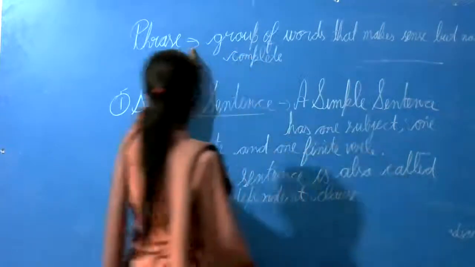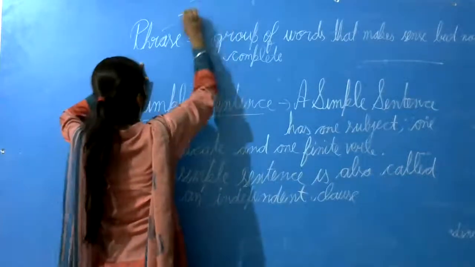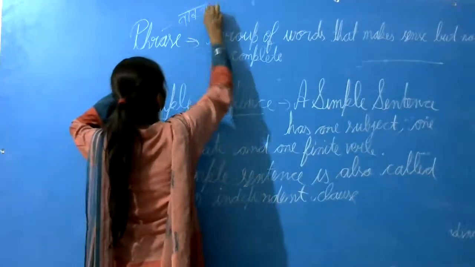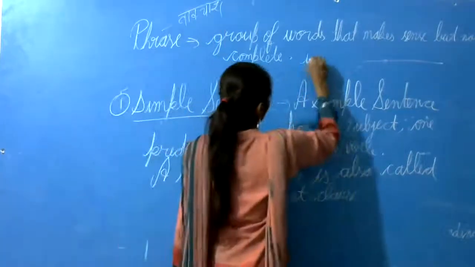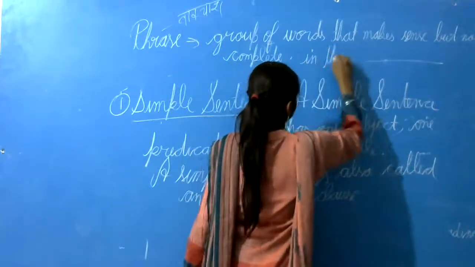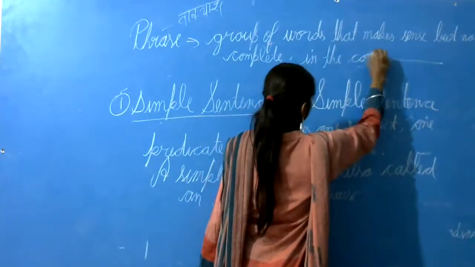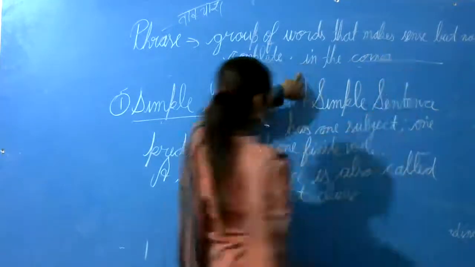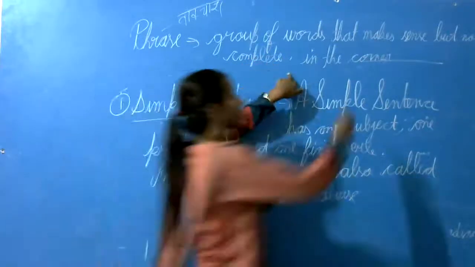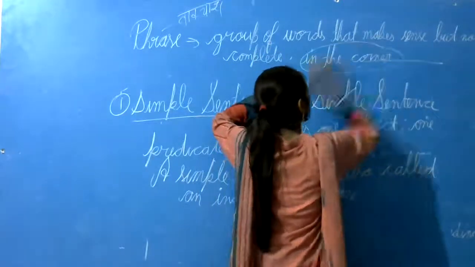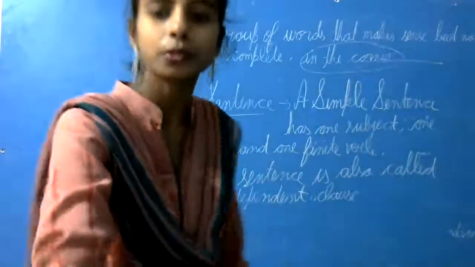Okay, phrase means वाक्यांश. ये वाक्य का एक अंश होता है. Suppose I say in the corner. कोने में, इन द कॉर्नर, एक सेंस तो निकल रहा है बट कंप्लीट सेंस नहीं. ठीक है, it is just a group of words that have some sense but not complete sense.